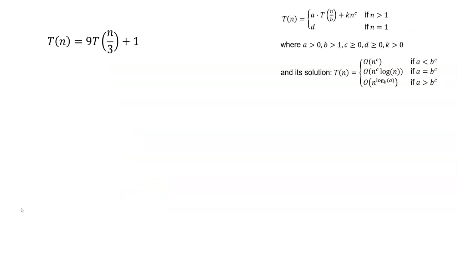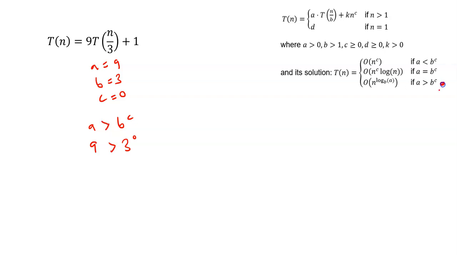Let's try one more of those. Pause the video, try it yourself. We have a equals 9, b equals 3, c equals 0. If you put c equals 1 and you've done the work, stop, go back, change it. We compare a with b to the power of c. 9 with 3 to the power of 0, clearly bigger.